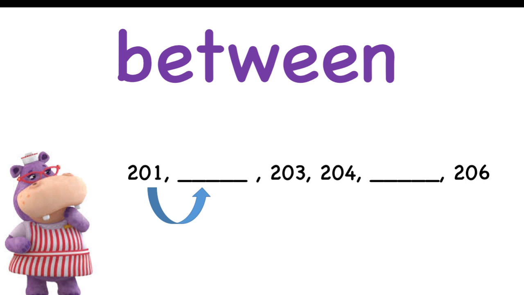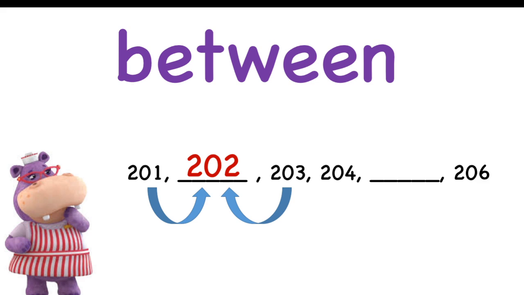Now, the number that is between comes in the middle, in the middle between the two numbers. You can use the count on method to find the number in the middle. You will just count: 201. What comes next? 202, and then 203.